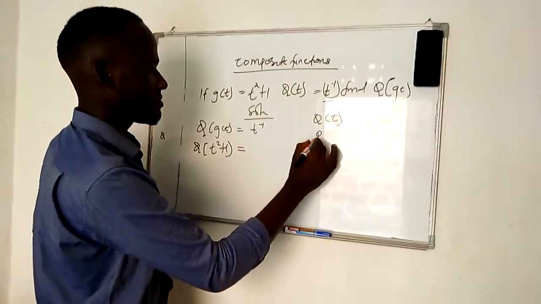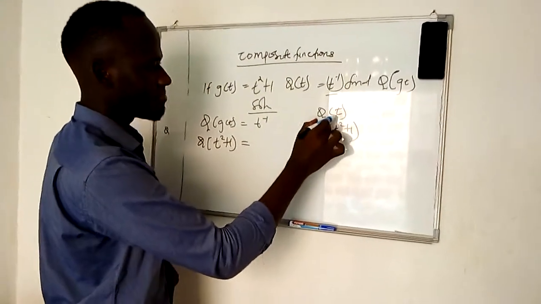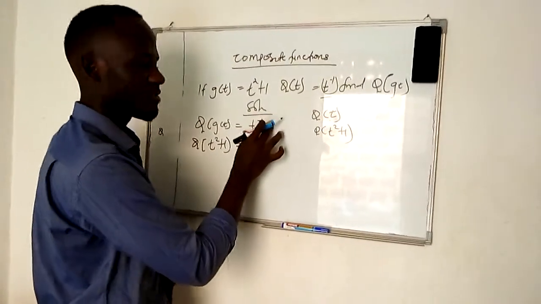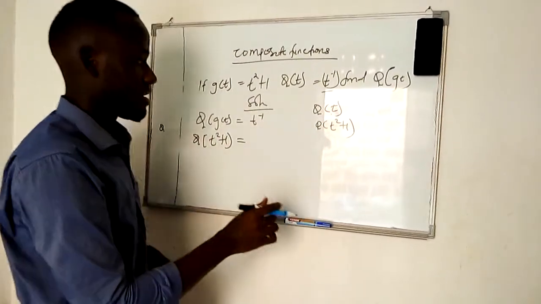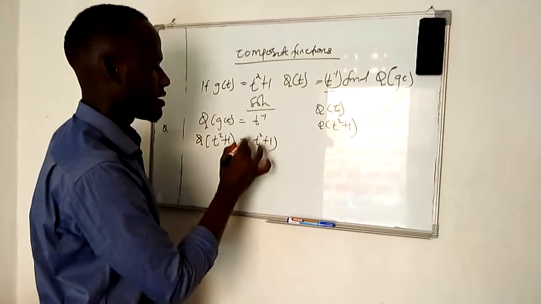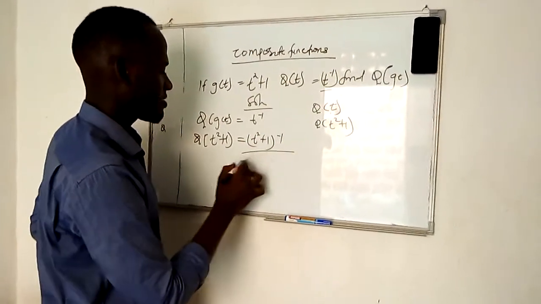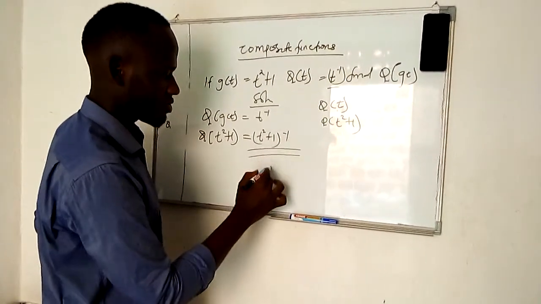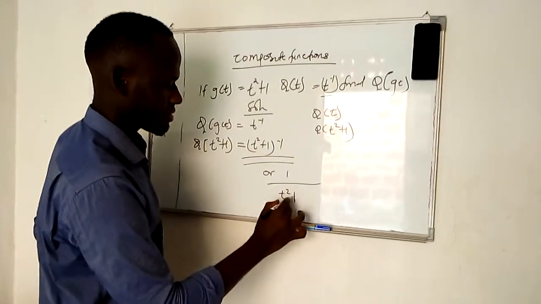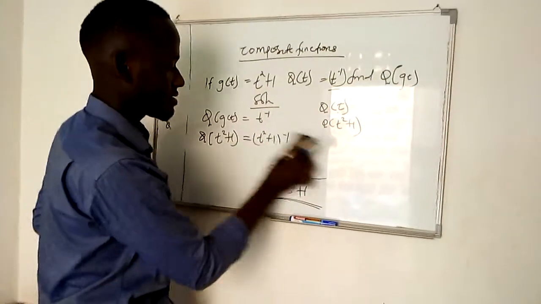Then when you are given something like q of t squared plus 1, you see this has taken the place of t, so you have to place this in all the values of t in a given question. So we shall have our t squared plus 1 inverse. This inverse is the same as 1 over t squared plus 1. So that is our final answer.